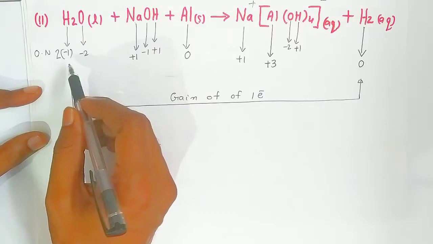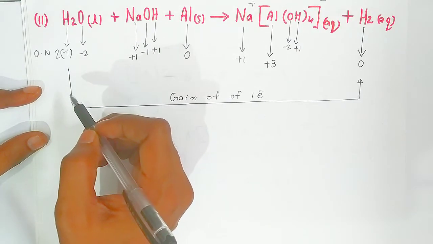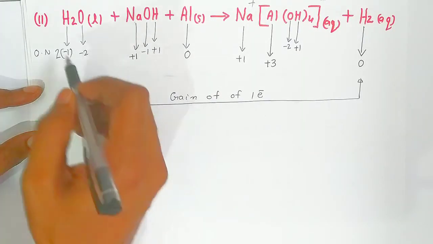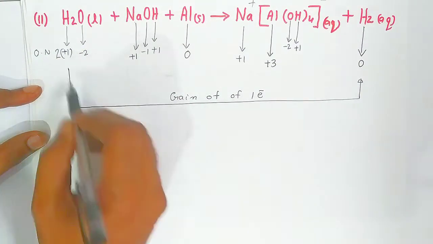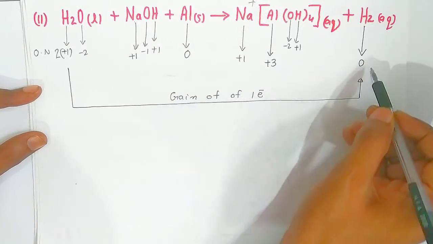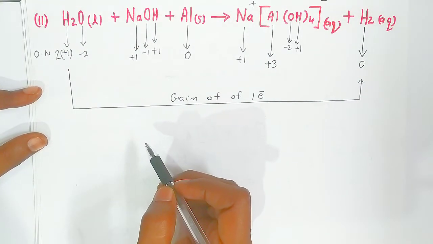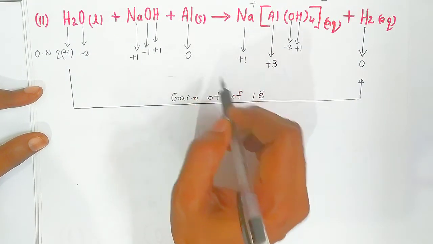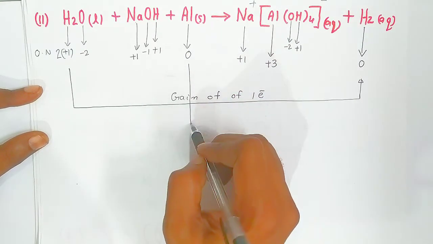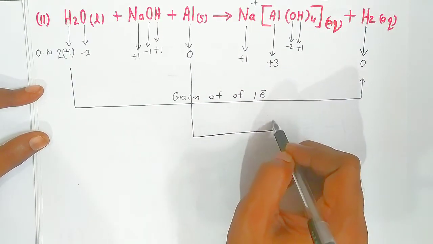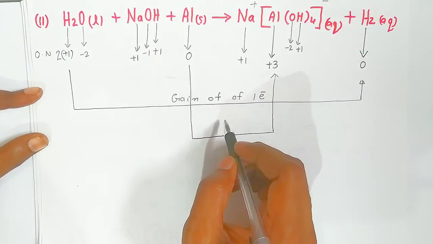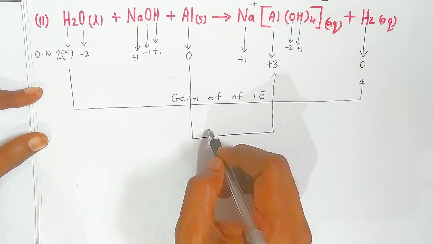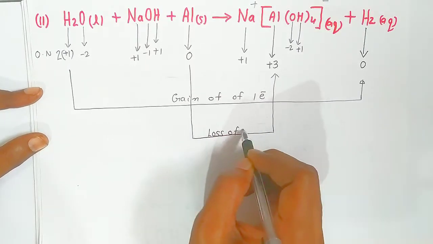Now when you see aluminum, the oxidation number increases from 0 to +3, which means there is a loss of 3 electrons.